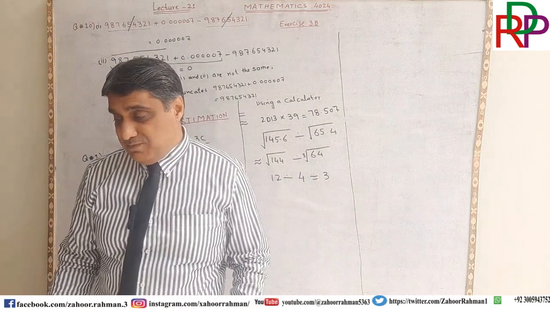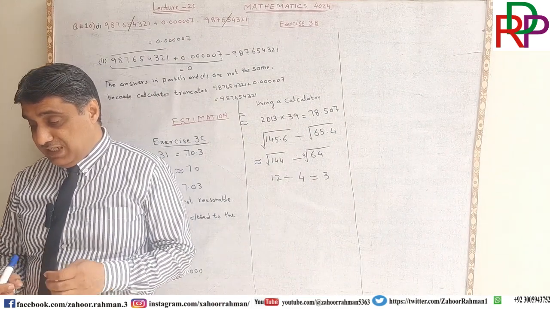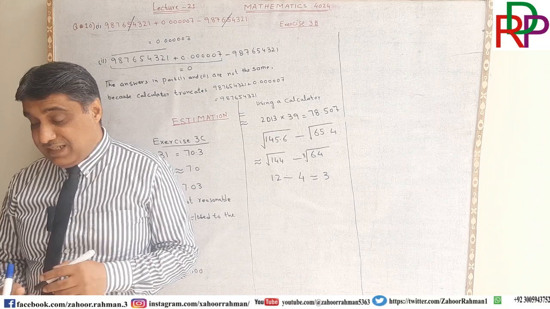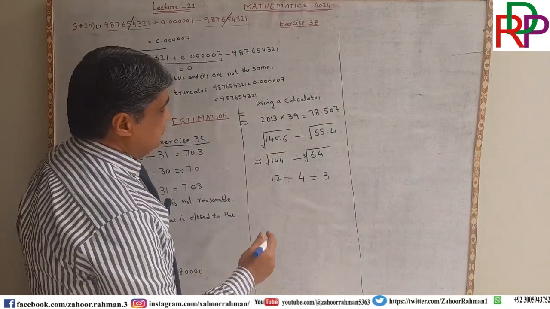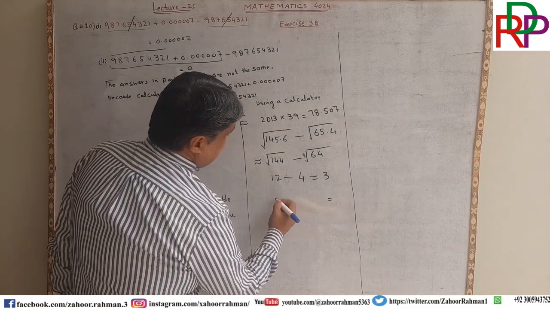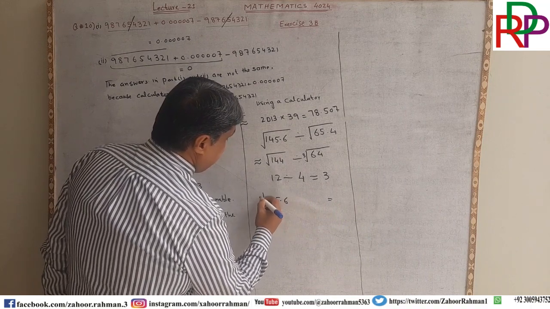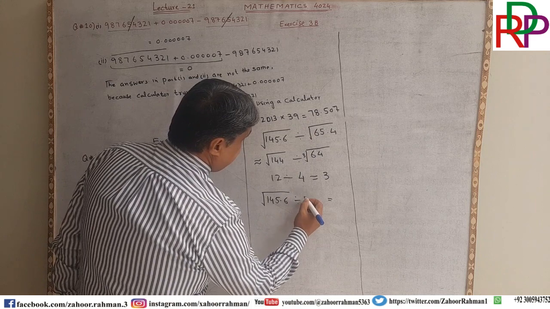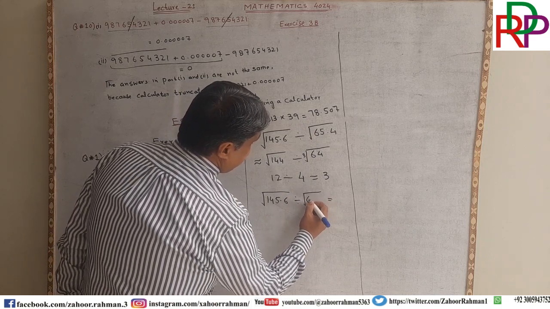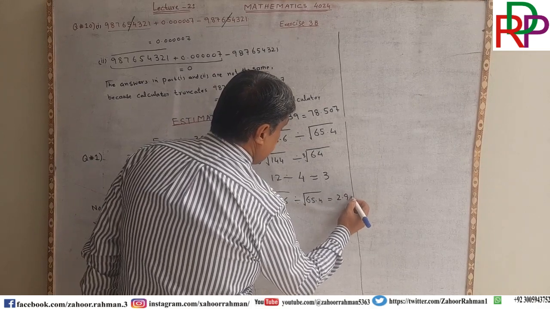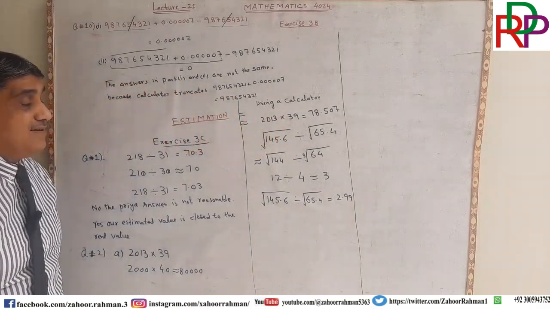Now let's move our focus to the calculator. When we do it on the calculator, the root of 145.6 divided by 65.4 gives you 2.99.